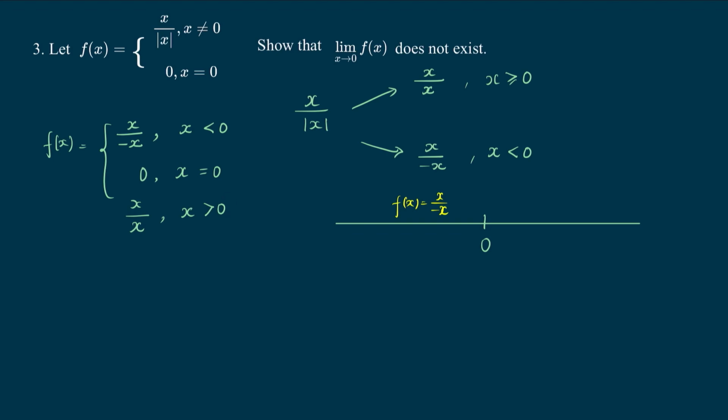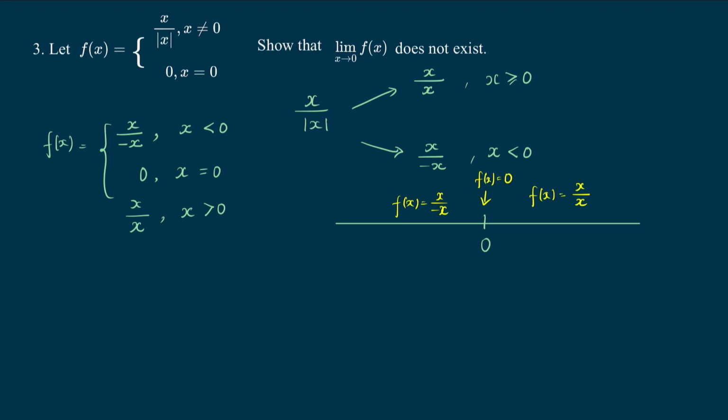And when the value of x is greater than 0, my function is x over x. So on this side I will have x over x. And when x is 0, f(x) is also 0. So at this particular point f(x) is 0, okay? So my function has been distributed into three different parts.